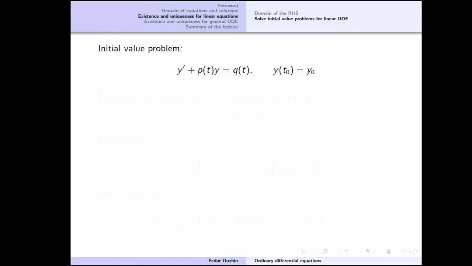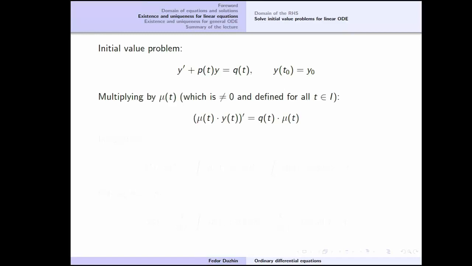So we're continuing. We have our initial value problem, and now the next step is to multiply the whole differential equation by the integrating factor. Remember that our integrating factor is e to the power of the antiderivative of p.